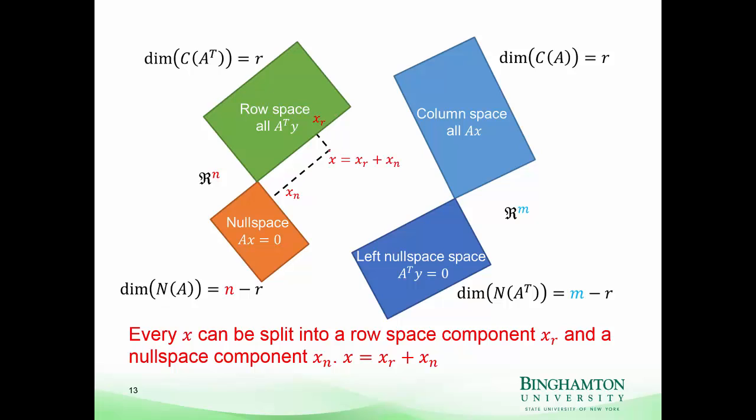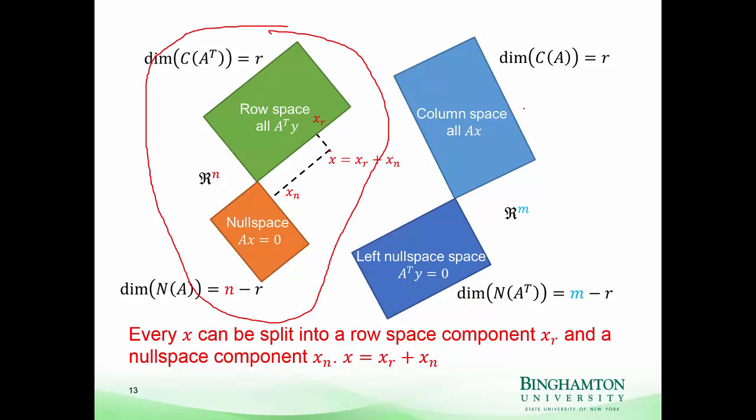And so there's that point. We really should be thinking about there being a bigger space all around that. The green part only shows the things that are in the row space. The orange shows the things that are in the null space. And the other things have part in row and part in null. Okay? So that's where we're at so far.